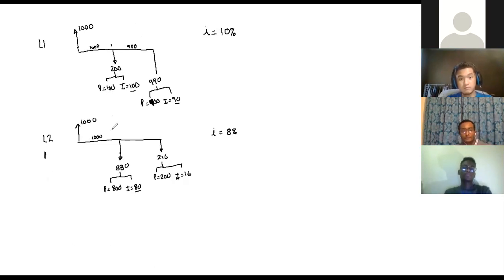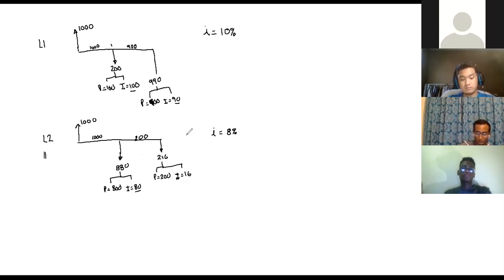How much money are you left with in bank number 2 for the second period? It's $1,000 minus 800, so I'm just left here with $200. So that's the main difference between these two, apart from the 10% and 8%. Make sense to you guys? So this one here gives you more cash for the second period compared to this one here.